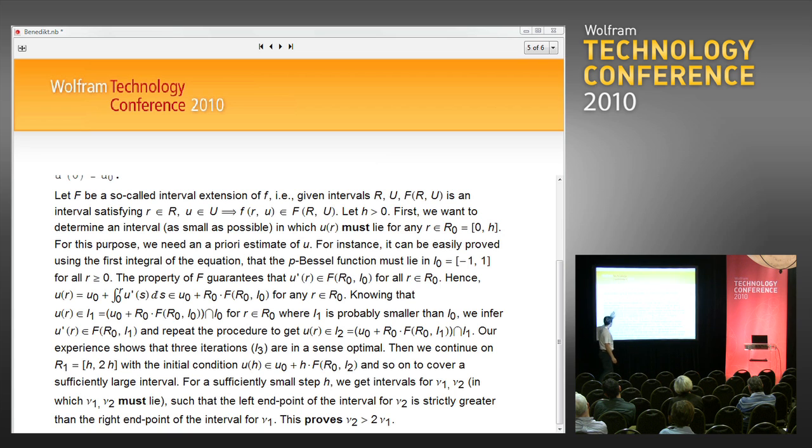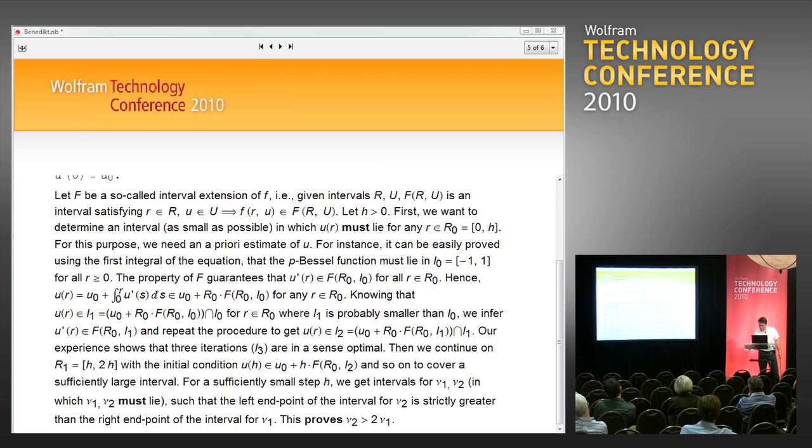So this is a fundamental property of the interval extension. Of course, the interval extension is not unique. It may produce wider intervals than necessary, but this implication must hold.